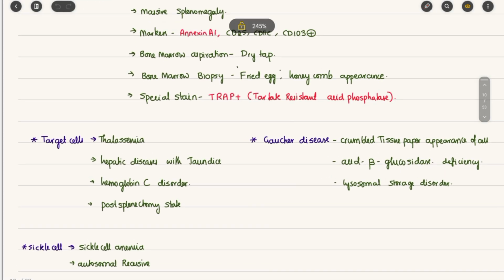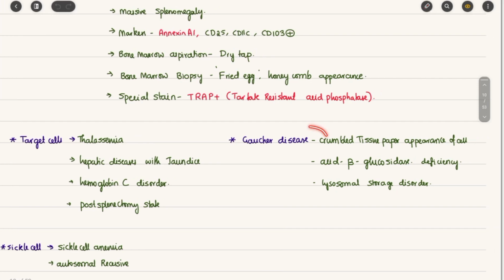The other thing was given is target cell, where all you can see the target cell: thalassemia, hepatic disease with jaundice, hemoglobin C disorder, post splenectomy state. Okay, whereas in Gaucher's disease, you can see crumpled tissue paper appearance of the cells, which is a acid beta glucosidase deficiency, and which comes in the lysosomal storage disorder.